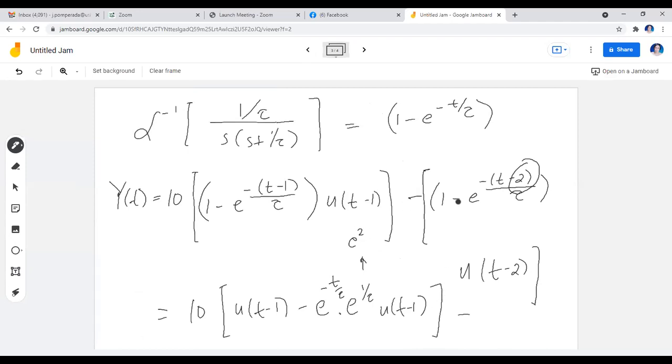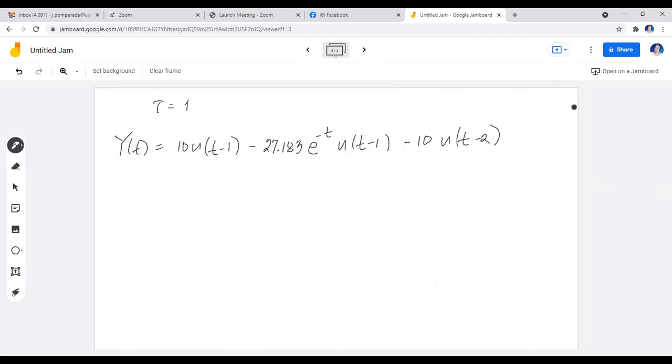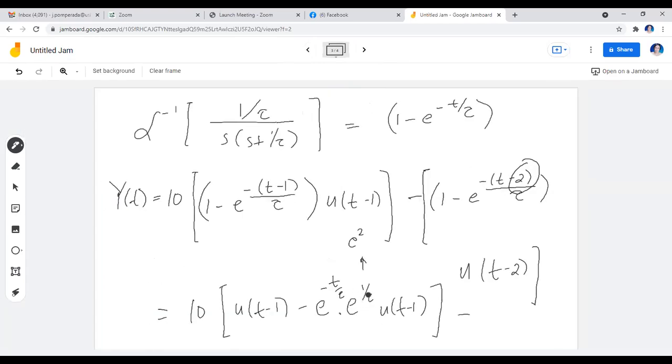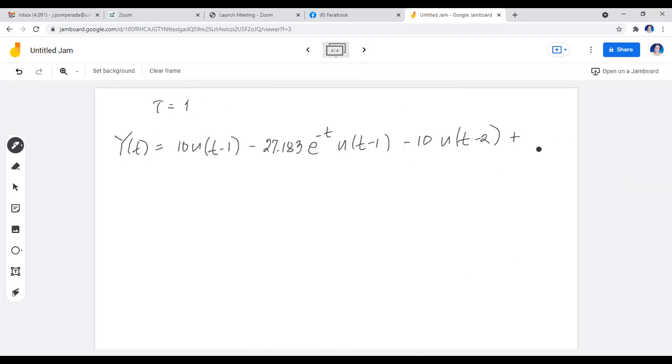Now, this being a minus and this one a minus, I should write a plus. So plus. Can you give me please the answer for e raised to 2? Because this one now would be e raised to 2 over 1. Then please multiply it by 10. So we'll have a specific answer here on the fourth term for our solution.